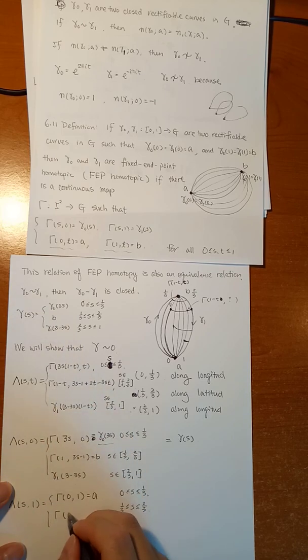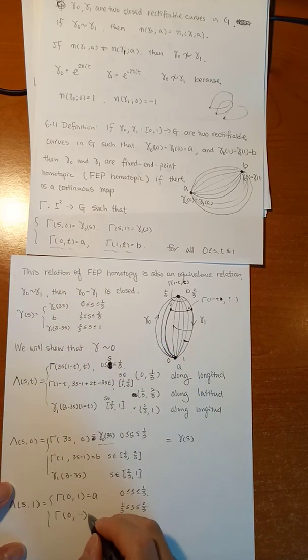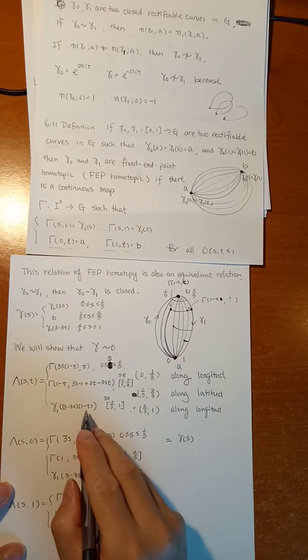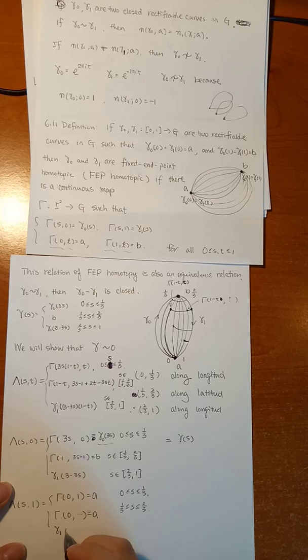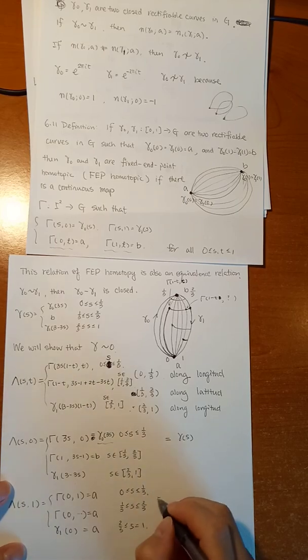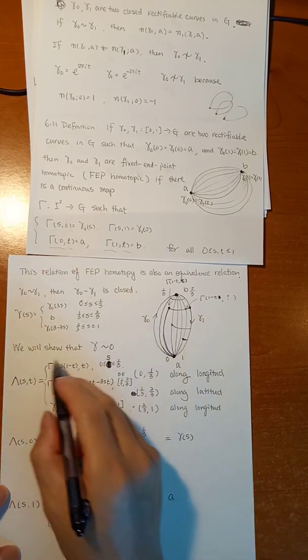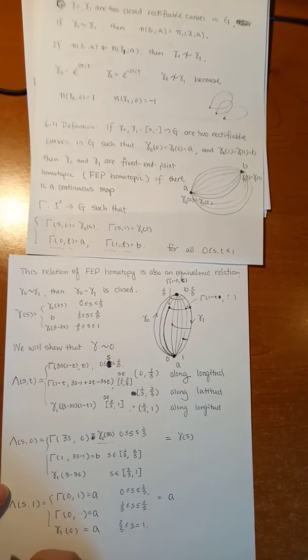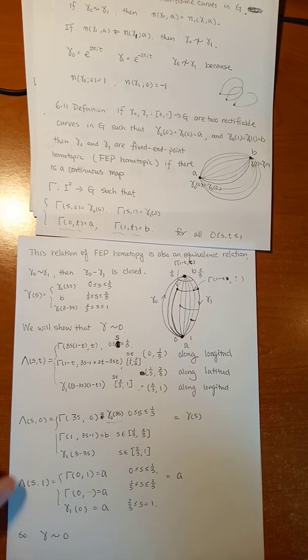This is still 0, and whenever you have 0, it's always equal to a. And the final one, it's gamma 1 of 0, which is still a. So it's a constant a. And this is a continuous function, so gamma is homotopic to 0.